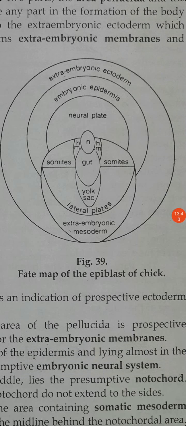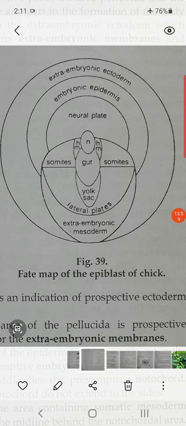Furthermore, the blastoderm is bilaminar, consisting of epiblast and hypoblast. Two layers are there, and it goes on changing itself. What do prospective ectoderm and mesoderm give here? The anterior half of the epiblast area of the pellucida is prospective epidermis and extraembryonic membrane.